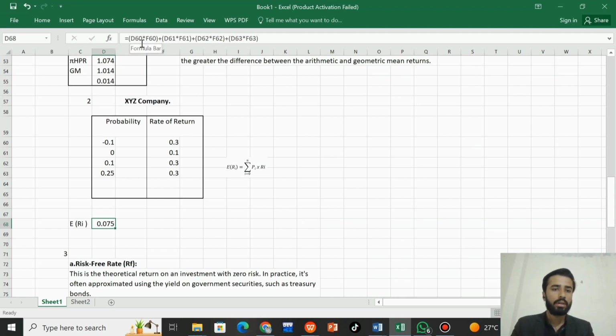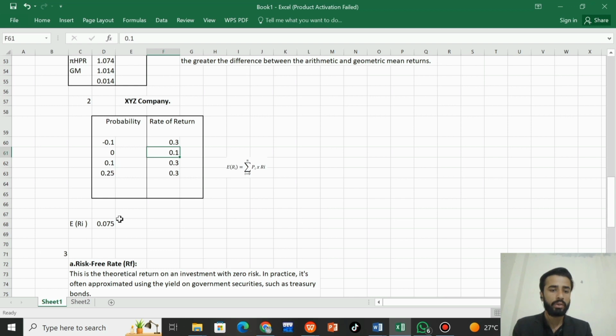I've multiplied the year 1 probability with the rate of return of year 1. Then I simply put plus. Then in brackets I multiplied the probability of year 2 with the rate of return of year 2.